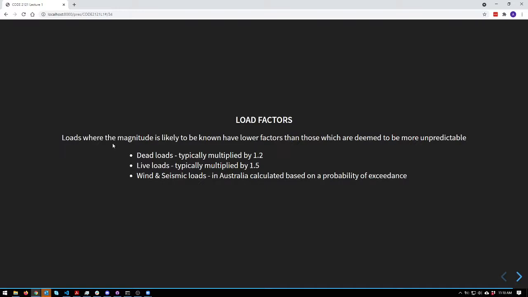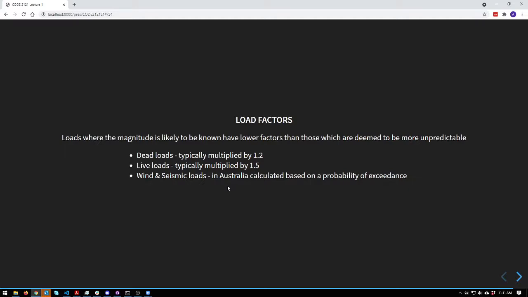So loads are then basically magnified whenever we work with this stuff based on whether or not we think things are going to be predictable or unpredictable. So dead loads, we typically multiply dead loads by 1.2. We typically multiply live loads by 1.5.